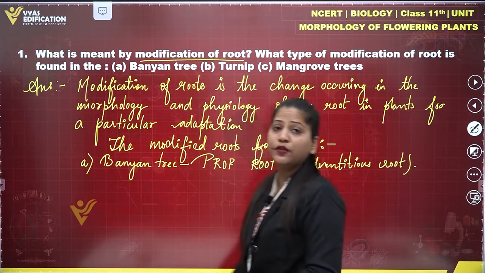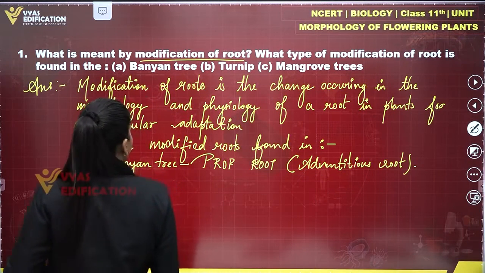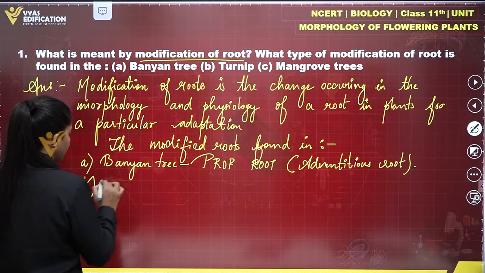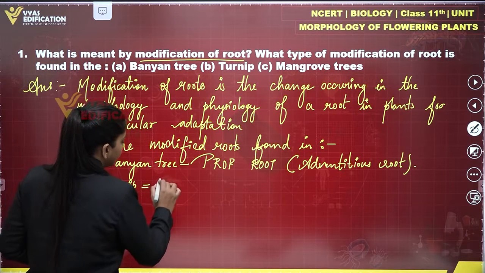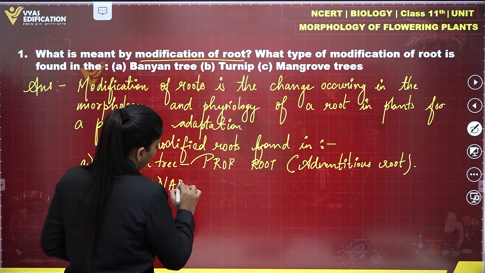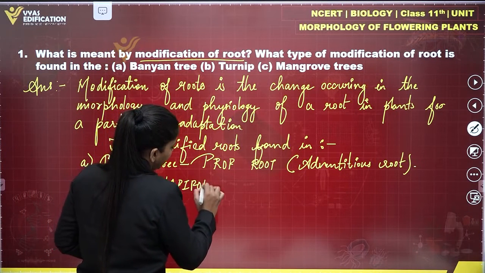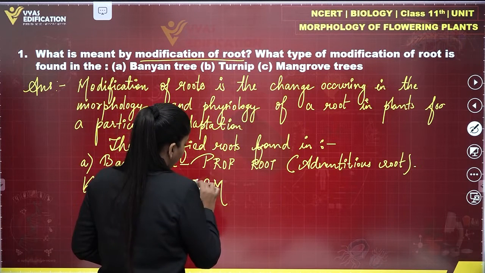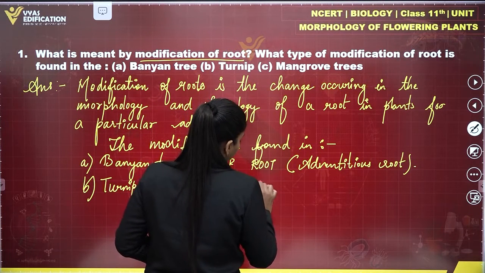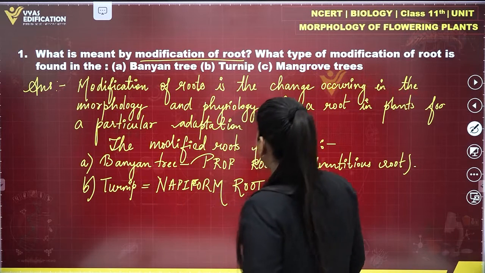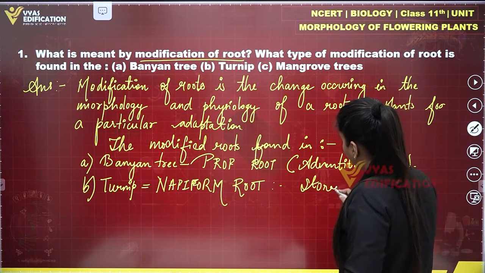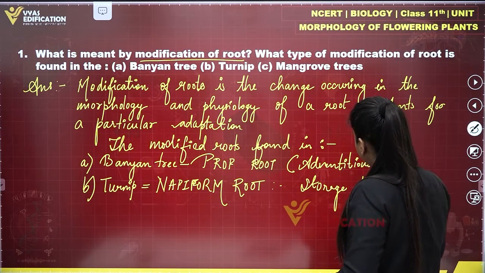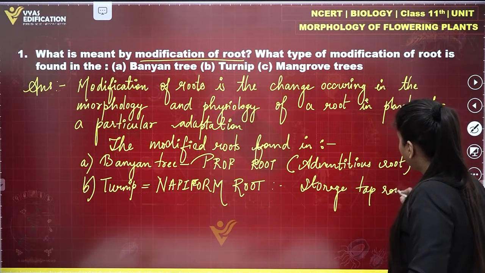Then if we talk about the modified root in turnip, it is napiform root, which is the storage tap root.